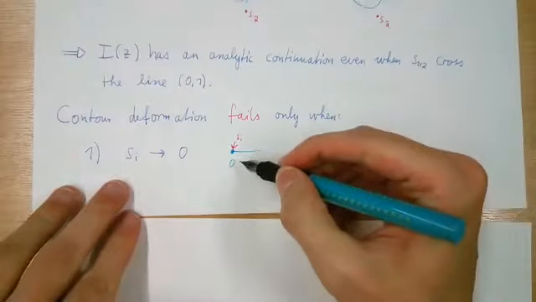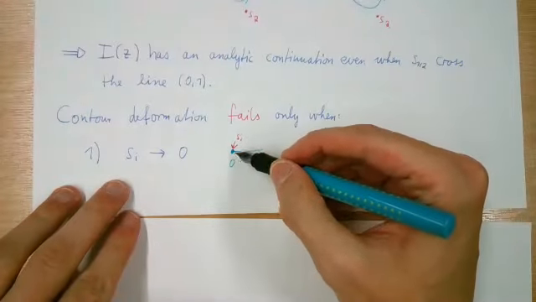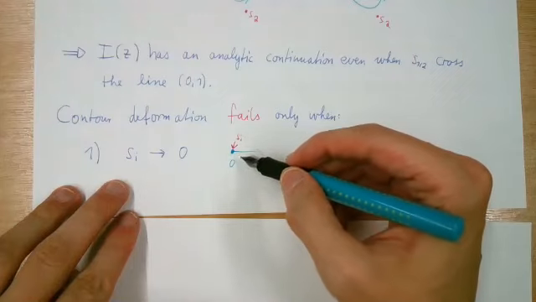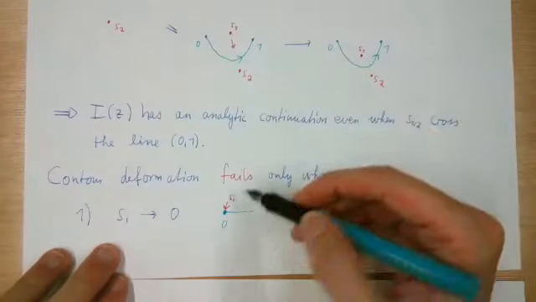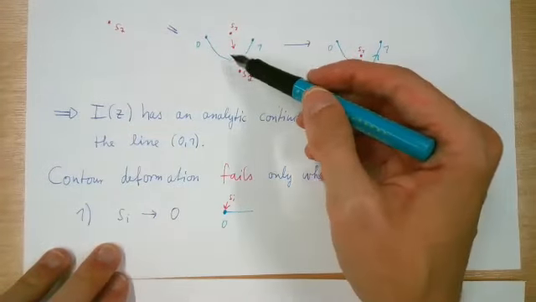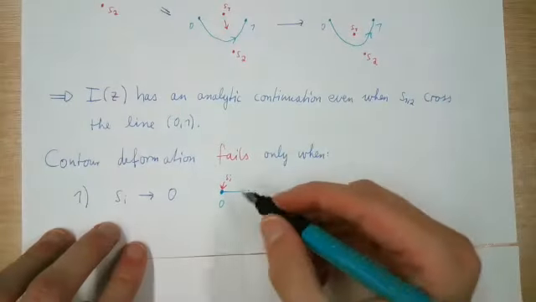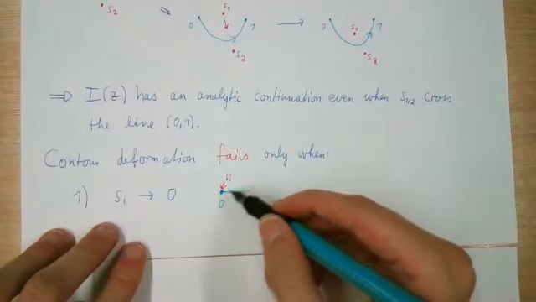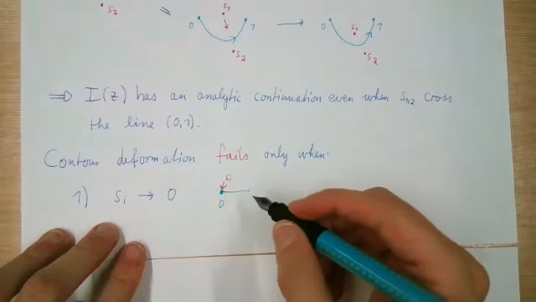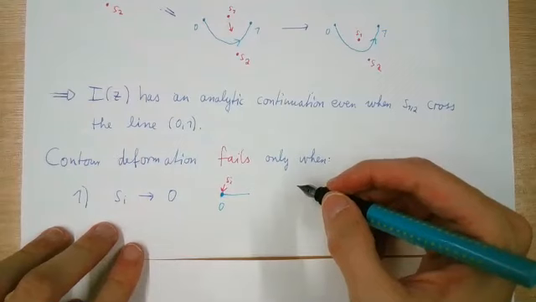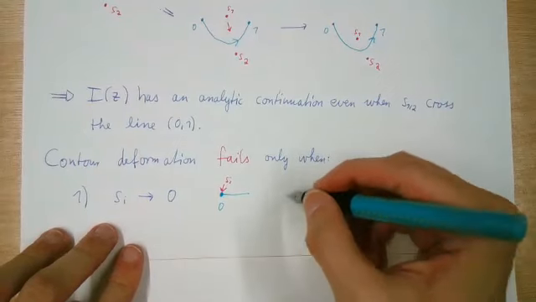So you can deform it, but it will always start in 0. You cannot move its starting point away from 0. The start and end point are fixed. If you remember Cauchy's theorem, you are allowed to deform the path, but you have to keep the end point fixed. So that's why you have a problem here. So then you cannot deform, and indeed you would expect to get a singularity. At least there's no reason why there couldn't be a singularity in this configuration.